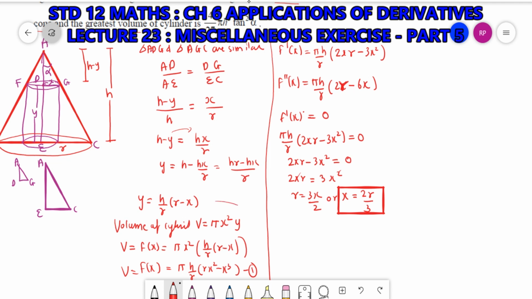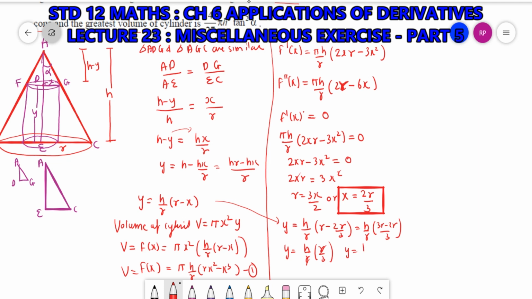Now put that value in the equation of height. What was the equation of height here? Y equal to h by r into r minus 2r by 3. So this will be h by r into 3r minus 2r by 3. So y is equal to h by r into r by 3.